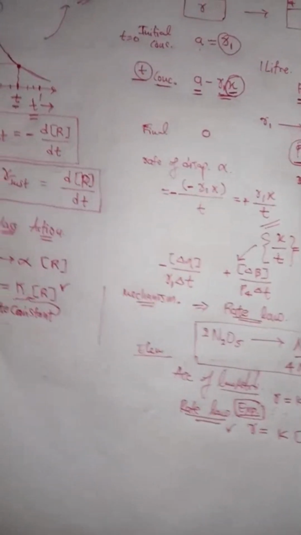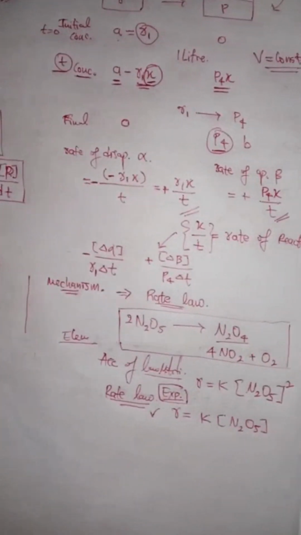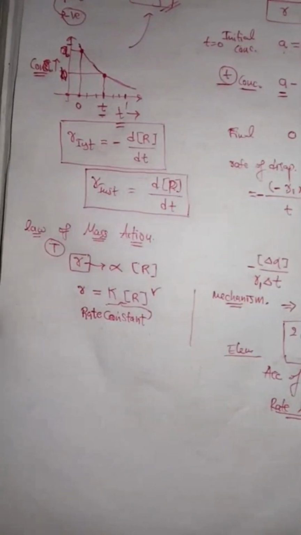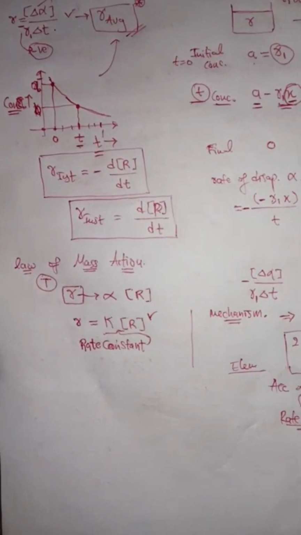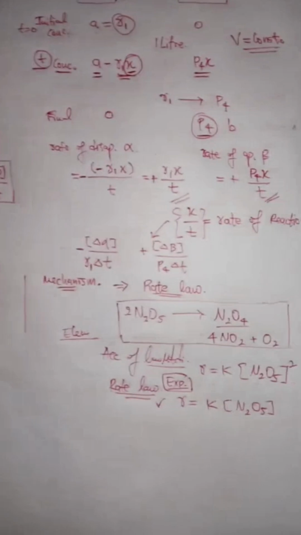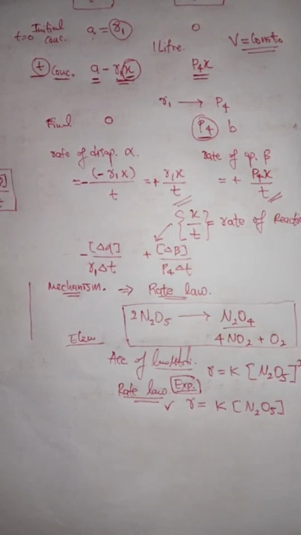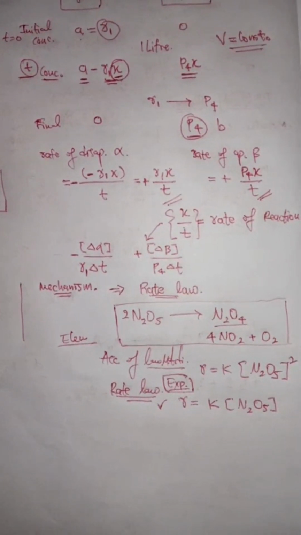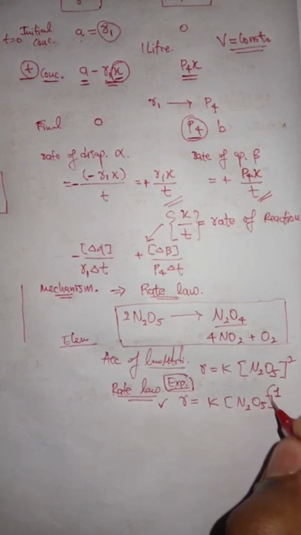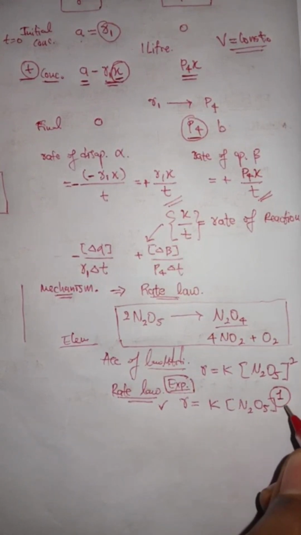And now this is the mechanism, where this equation and the rates come with it. Now we could go to the order of reaction. For this reaction, the order is 1. By experimental values, we find that the power of N2O5 is 1.